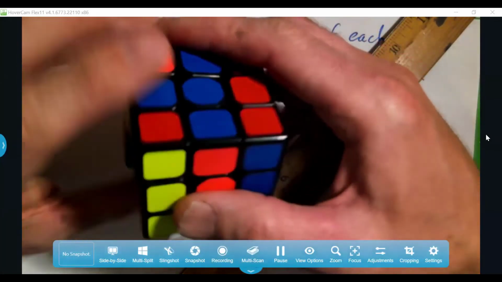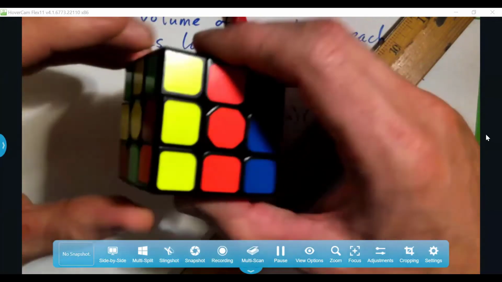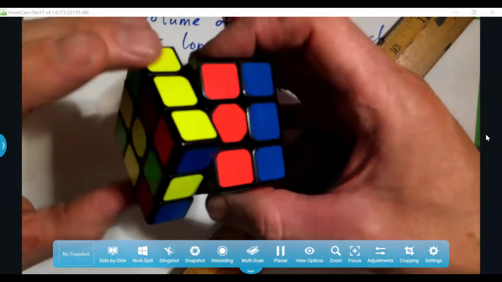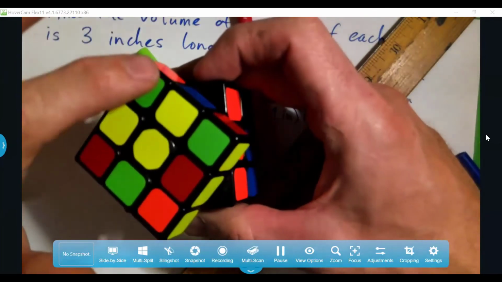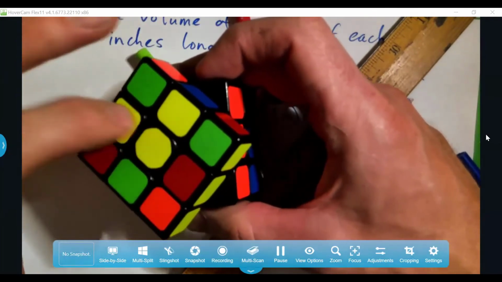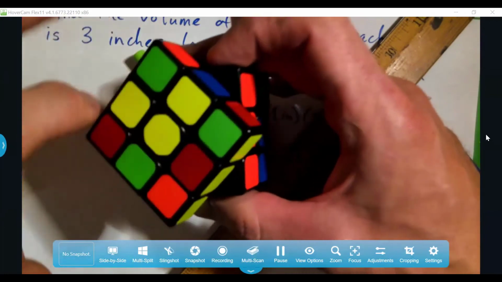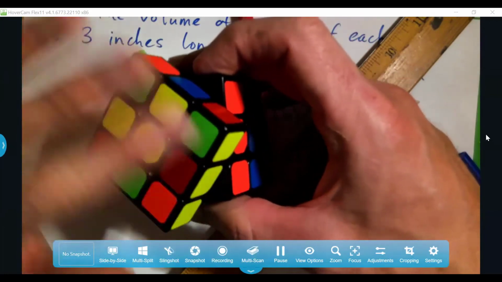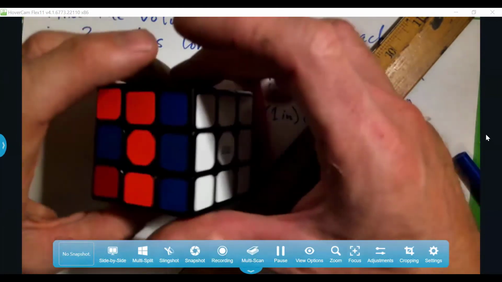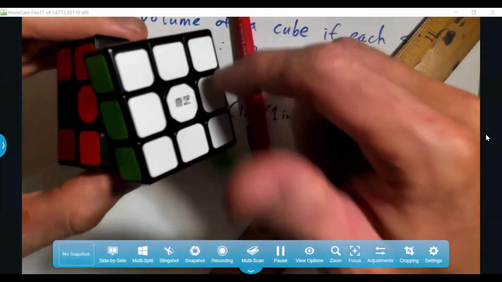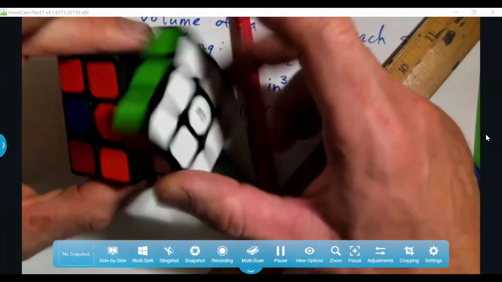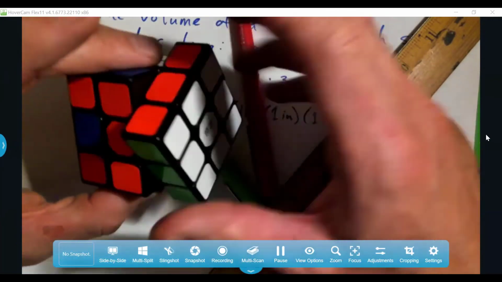All right. So with the Rubik's Cube, I hope you all had a good think about it, but we'll just take it in slices. This slice here has 1, 2, 3, 4, 5, 6, 7, 8, 9 little cubes, or 9 cubic inches. And this side over here has 9 cubic inches as well.